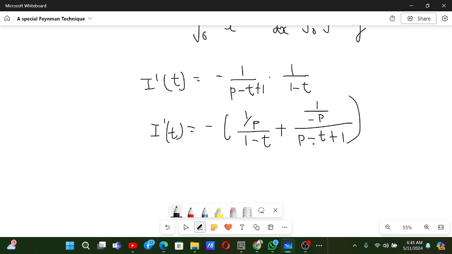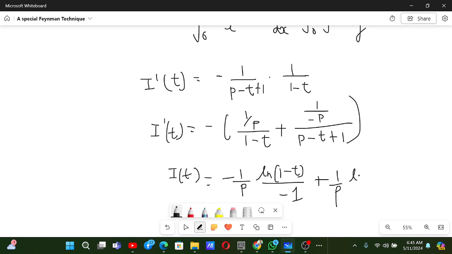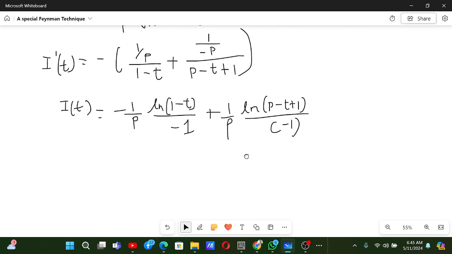Okay, so now I of t will be basically minus 1 by p, and its integral will be ln of 1 minus t by minus 1. Minus over here will be plus 1 by p, and its integral will be ln of p minus t plus 1 by minus 1. Now we are really close to the answer.